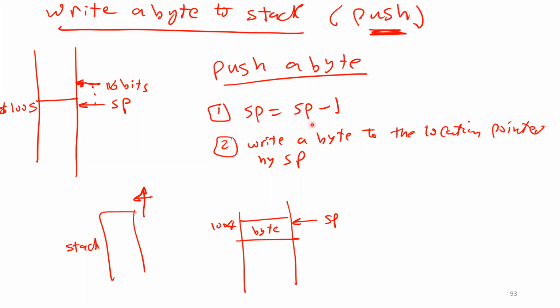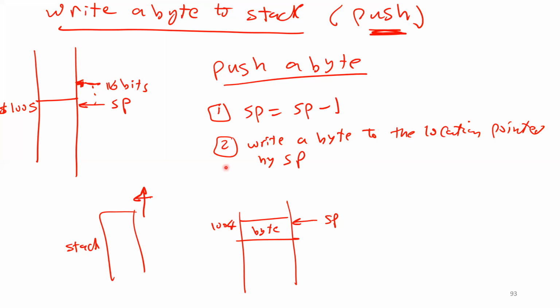Number one, the stack pointer is decremented by 1 to go to an empty place, and then you write the byte in this place, so that you can add on top. Is that clear, guys? As you see here, now I have a new top for the stack. For example, if the stack pointer was 1005, after I push 1 byte, now it is 1004. Makes sense, right? Any question in this slide, guys? Is that clear?